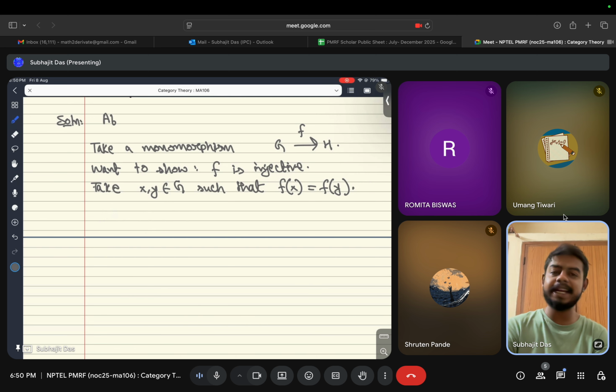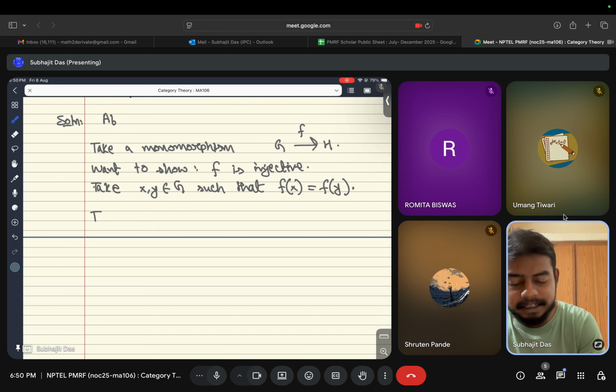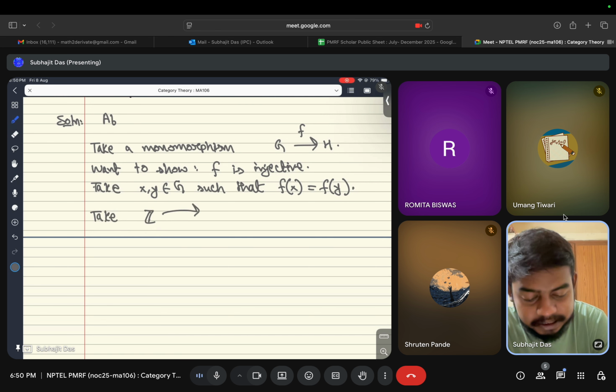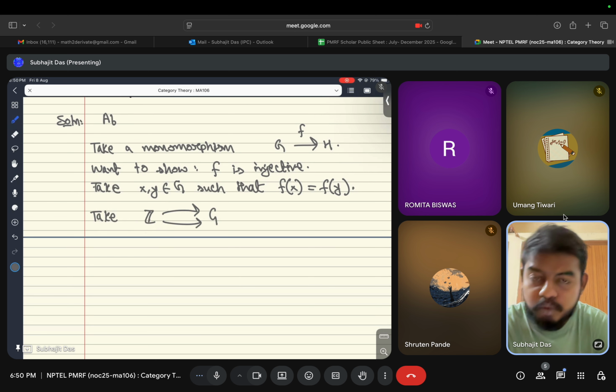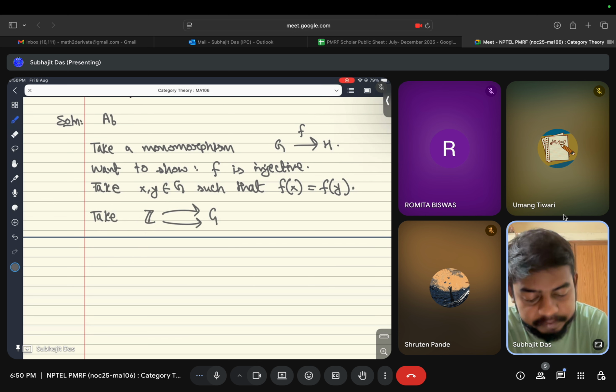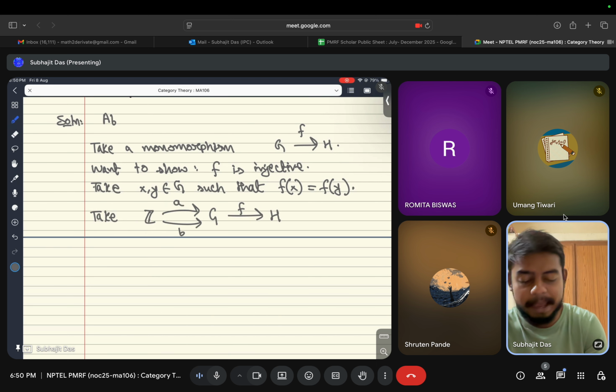So x and y are elements in G. So take two maps from Z to G. Let's call this map A and let's call this map B. You have also this map f. What does the map A do?